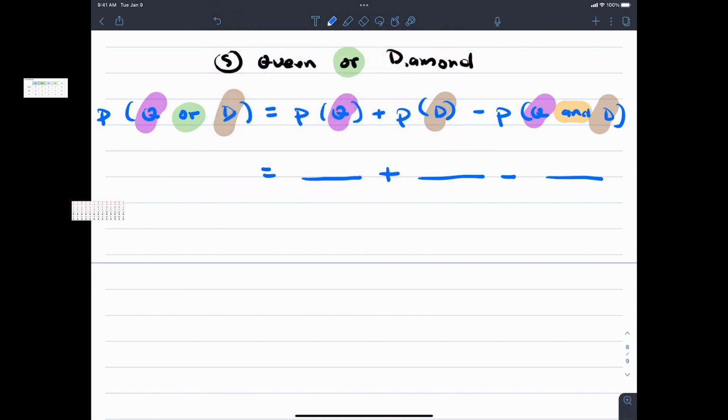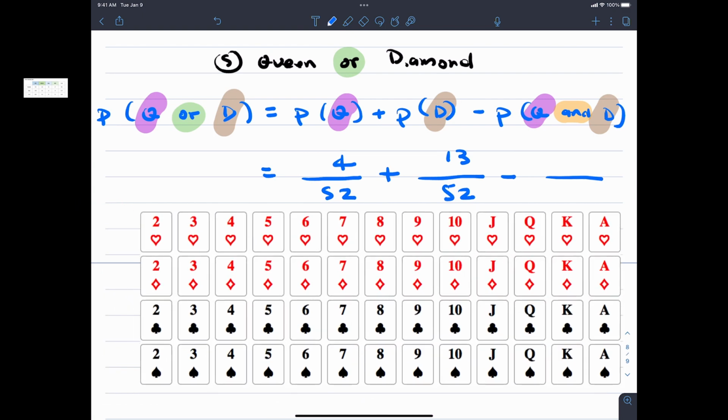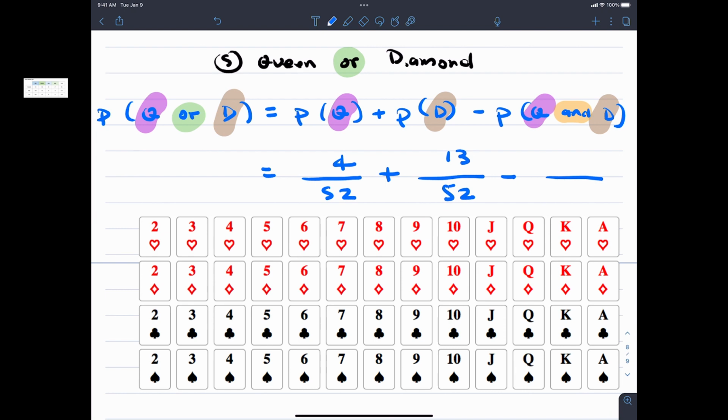The chance you select a queen, you knew is what? 4 out of 52. Is that right? What's the chance you select a diamond now? 13 out of 52. So we know those already. If you need to verify it, go ahead, take a look at your standard deck. Okay, you guys okay with that?